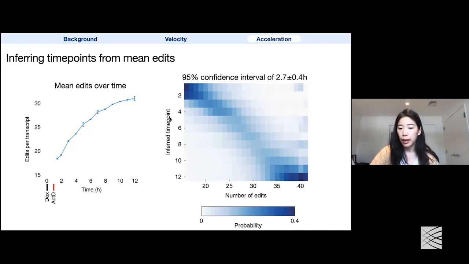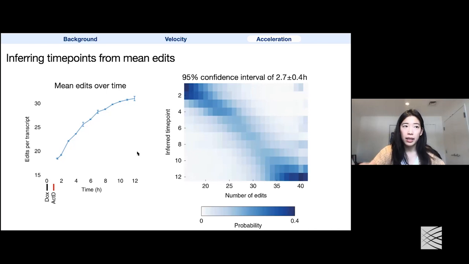So this plot shows the predicted time points based on different editing numbers. The x-axis is the number of edits, and the y is the inferred time point, and each column sums to 1. So the color is the probability that you're assigning it to that time point. As you can imagine, however, comparing to a single RNA timestamp is less effective than comparing to an ensemble of edits.